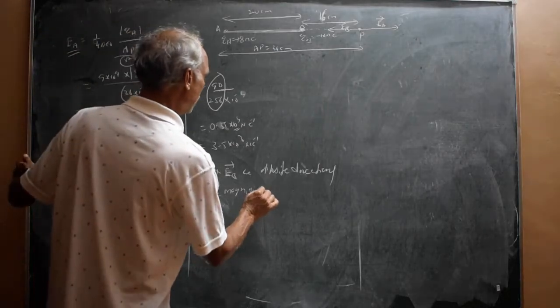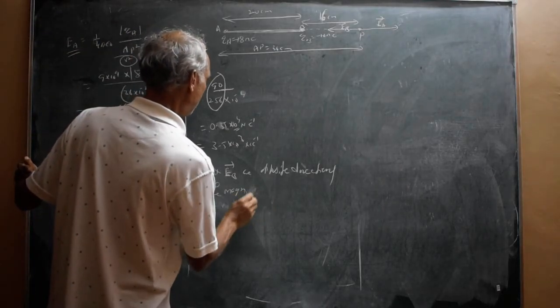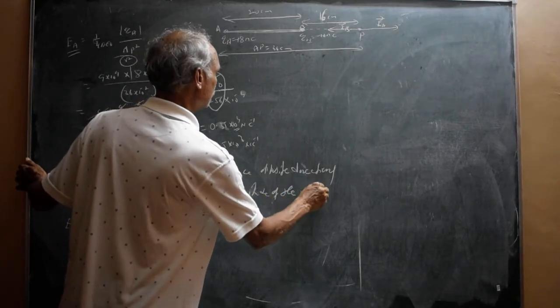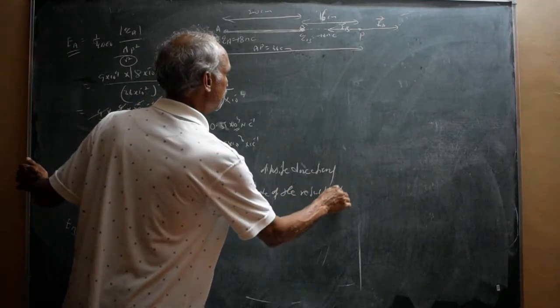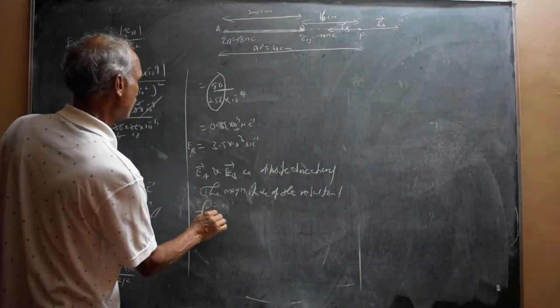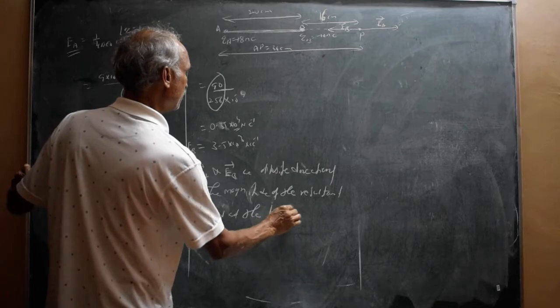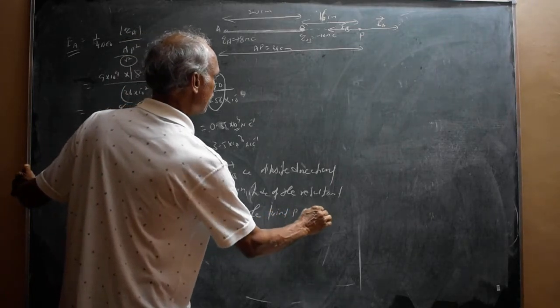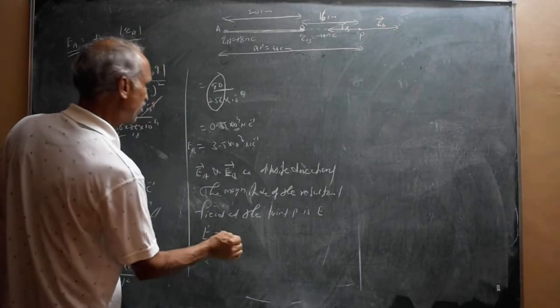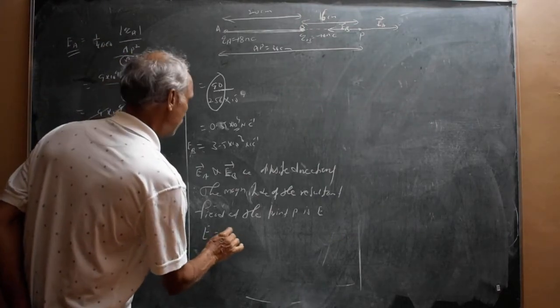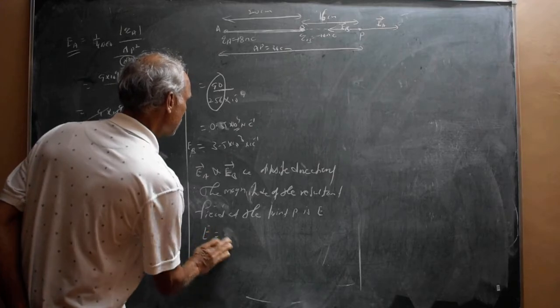The magnitude of the resultant field at the point P is E, and E equals bigger minus smaller, that is EB minus EA.